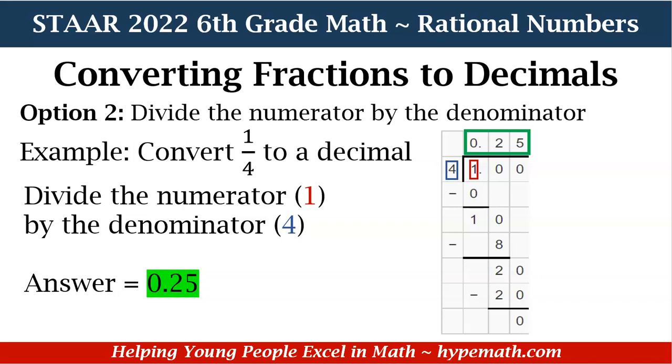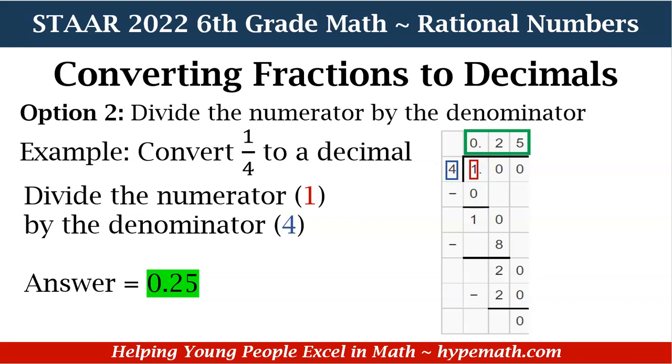Because 4 cannot go into 1, we have to add a decimal place behind that 1, and we're going to start off by adding 2 zeros. So now we're going to ask ourselves, how many times can 4 go into 10? And the answer is 2.